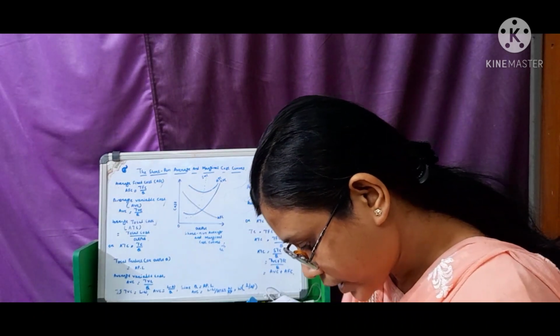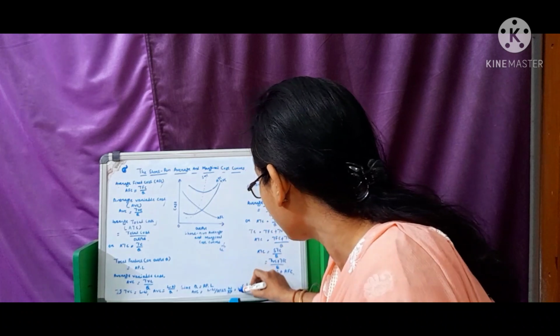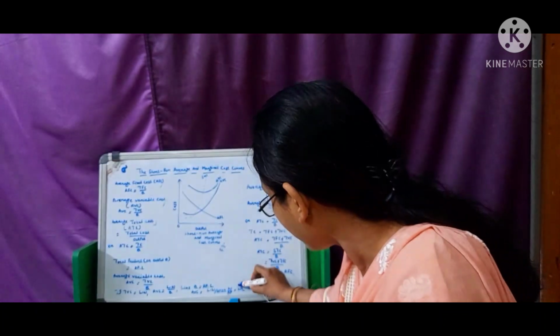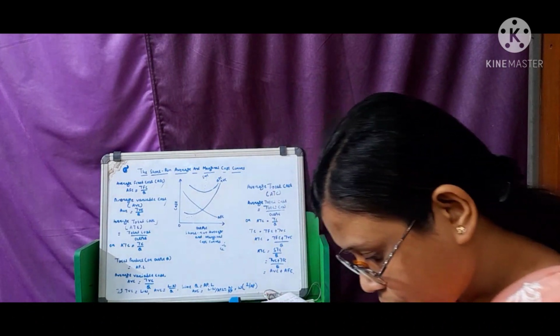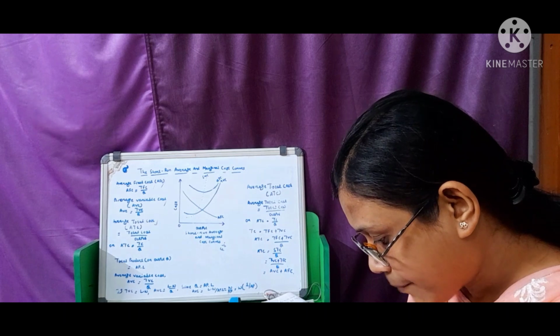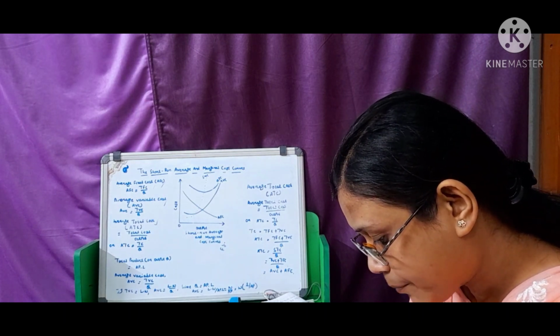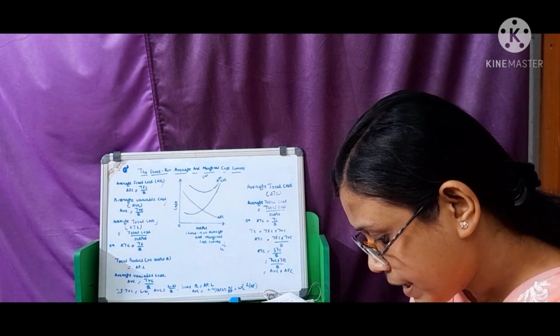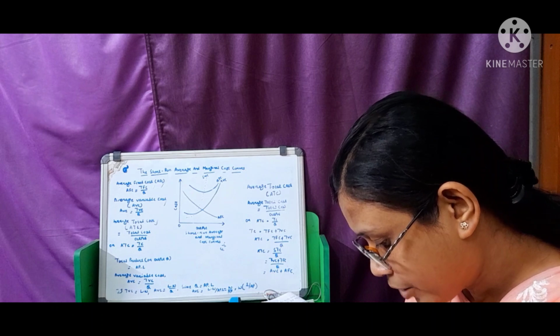So average variable cost equals W times (1 by AP). Thus, given the price of the variable factor W, the average variable cost is equal to the reciprocal of the average product, 1 by AP, multiplied by the constant W.